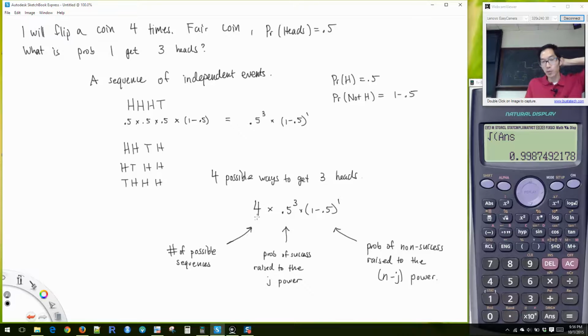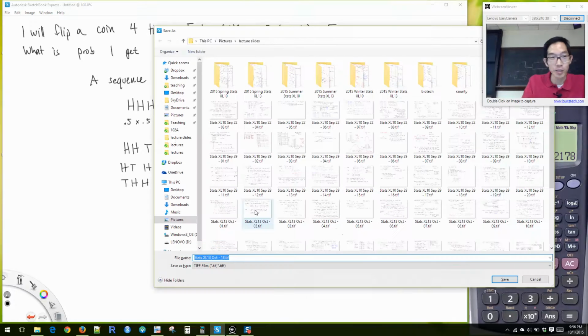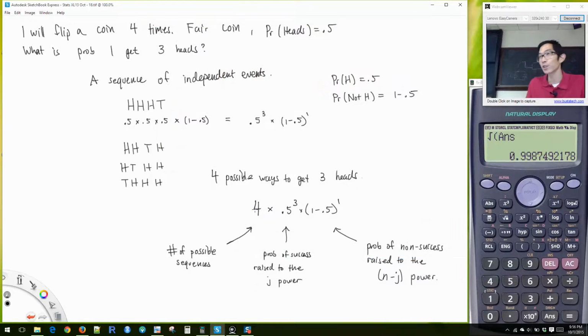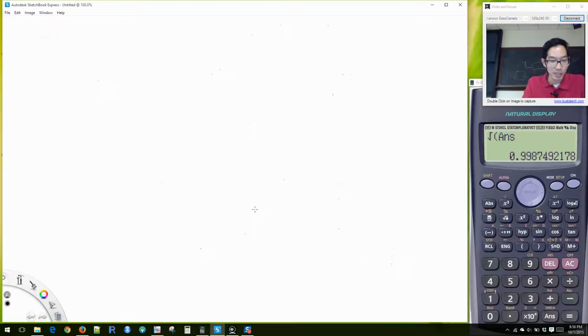But so, getting the total number of possible sequences. This is now entering the land of permutations and combinatorics. All you have to know is that we have this thing called the choose formula, and we will say something like n choose j. N choose j can also be written in this other notation.